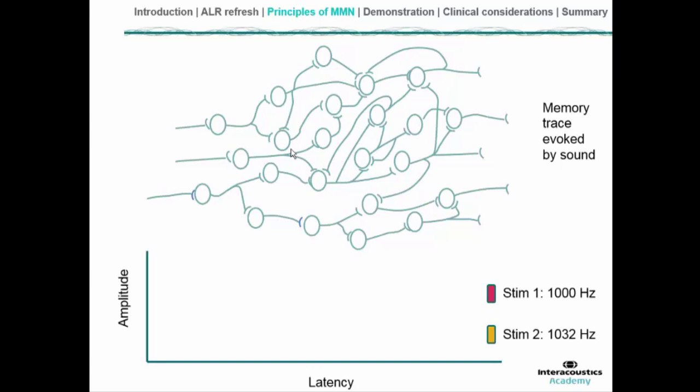Of course, in reality, the neural network which underlies the memory traces of a sound looks almost nothing like this simplified schematic. The neural networks that we're talking about here will be far more intricate and complex than it's possible to convey here.